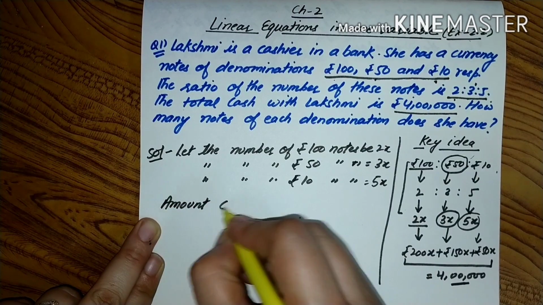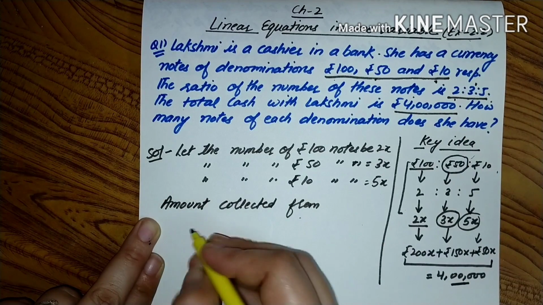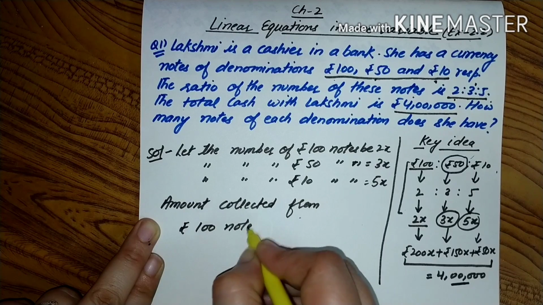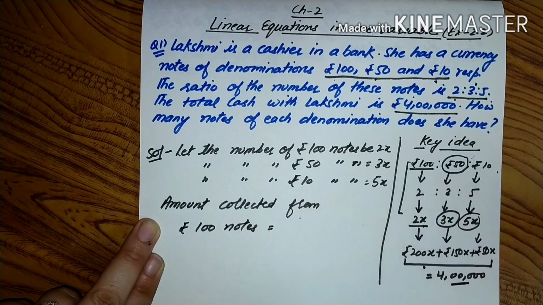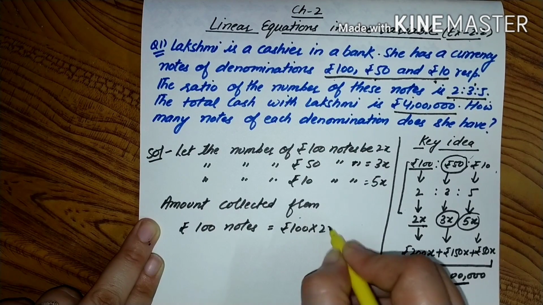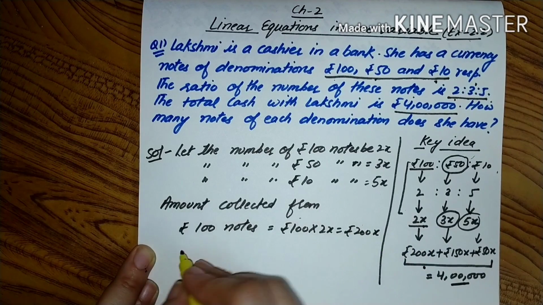Now, amount collected from rupee 100 notes. I have told you how much it will be, 2x into 100. So it will be rupee 100 into 2x, that is rupee 200x.